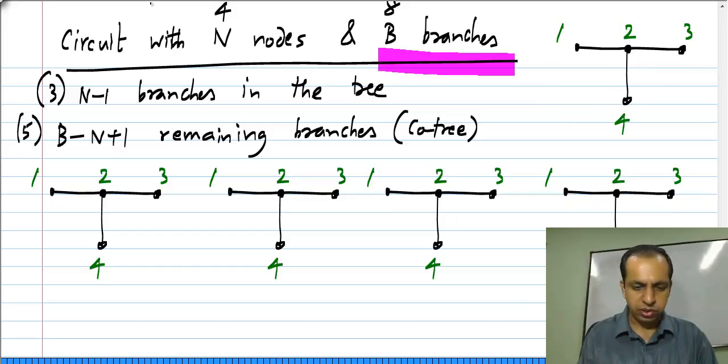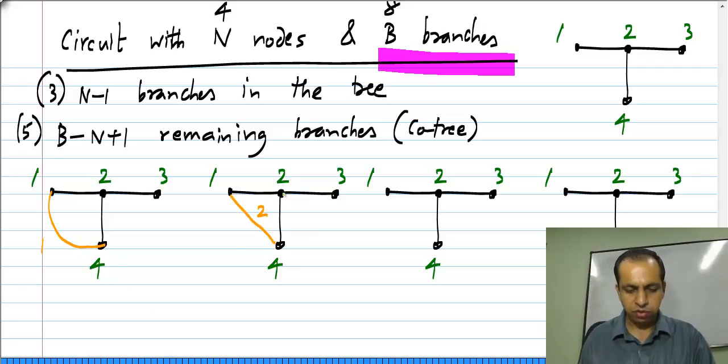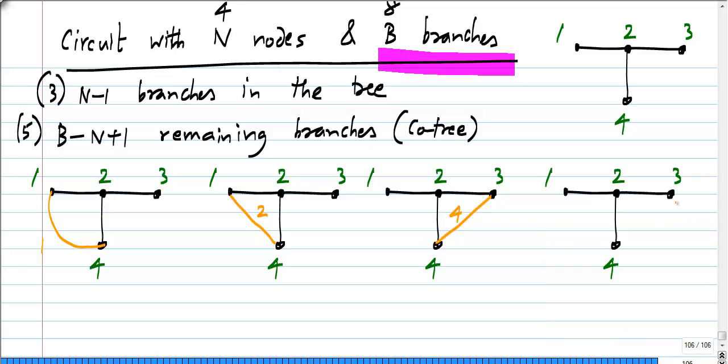So, to this I add branch number 1, I form a loop, branch number 2, I form another loop, branch number 4, I form another loop, branch number 5, another loop, and branch number 8, another loop.